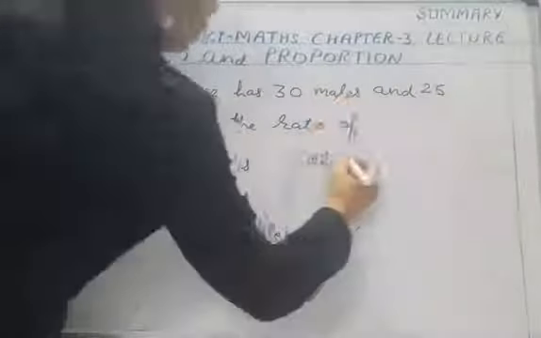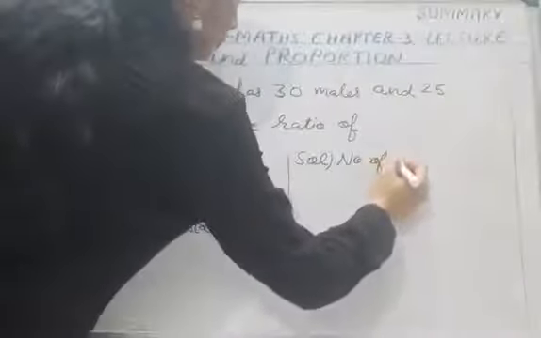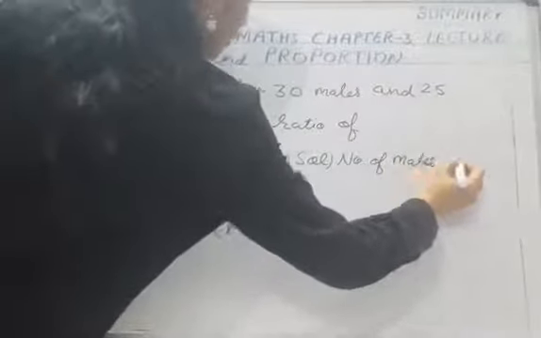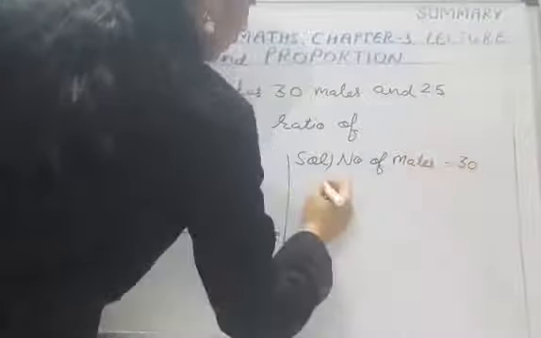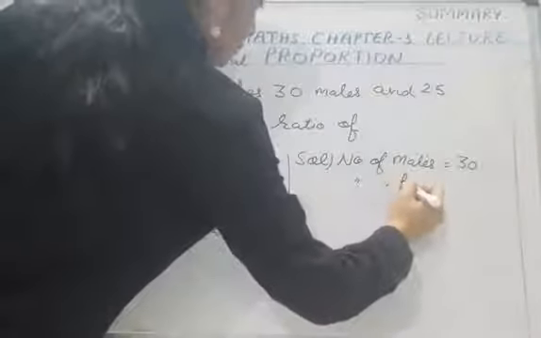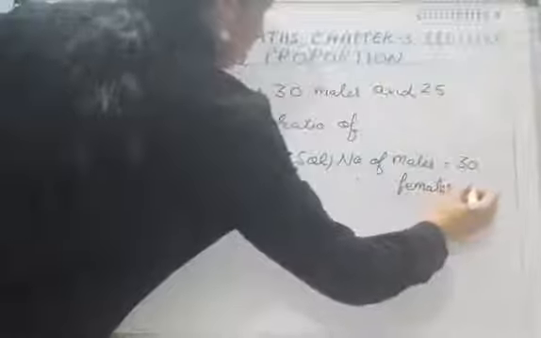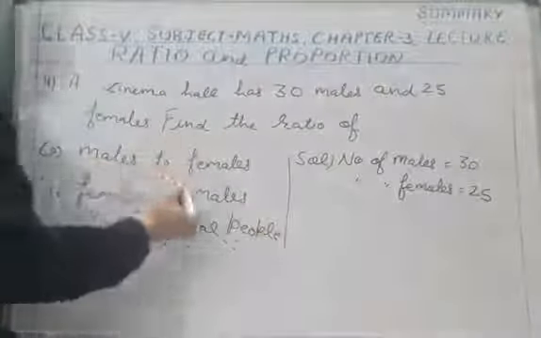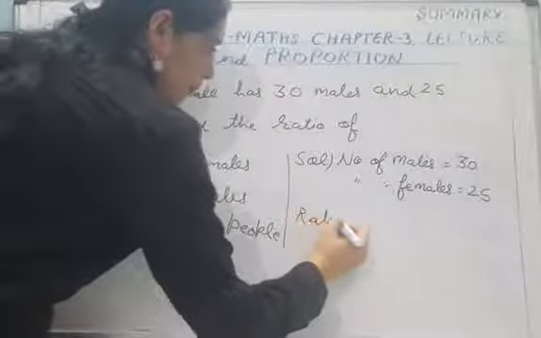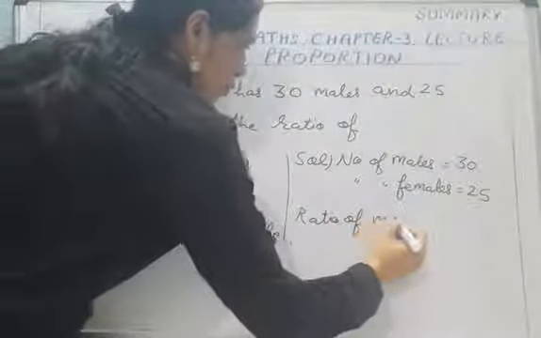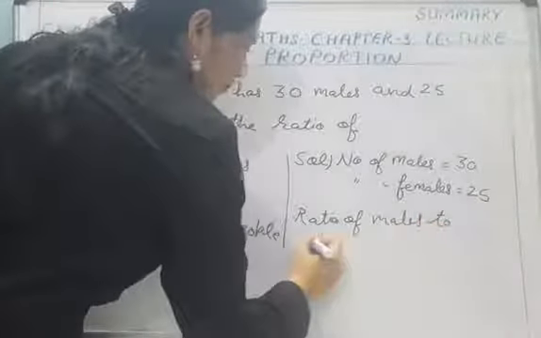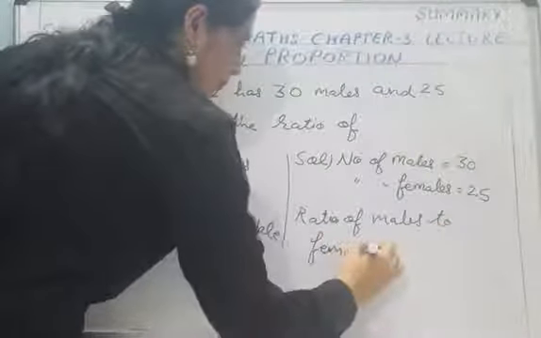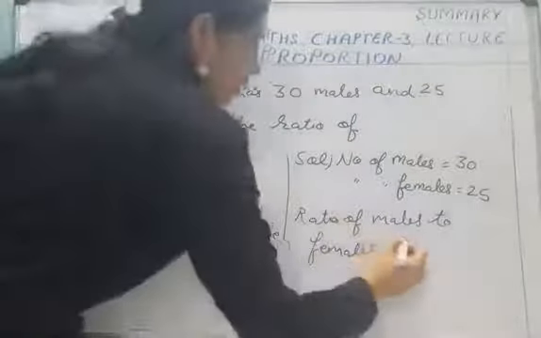Number of males 30, number of females 25. Then your first part is the ratio of males to females. Ratio of males to females is equal to number of males 30, number of females 25.